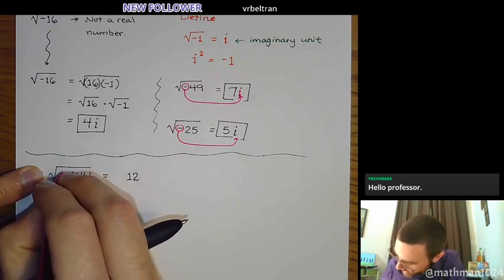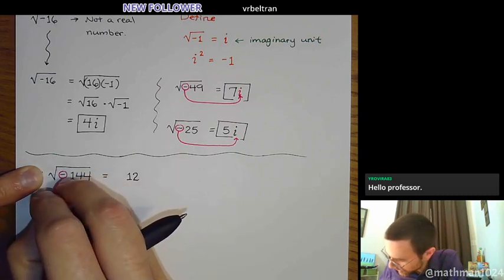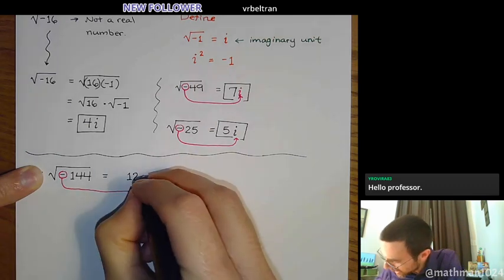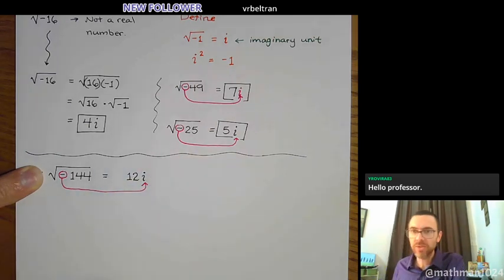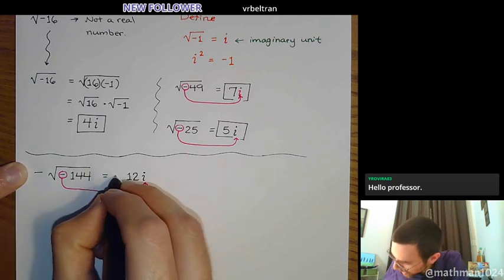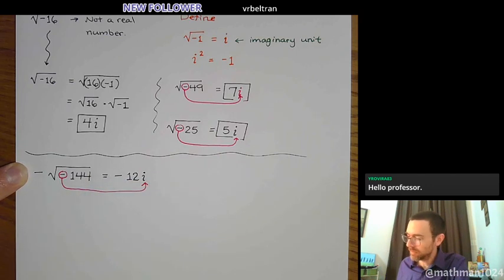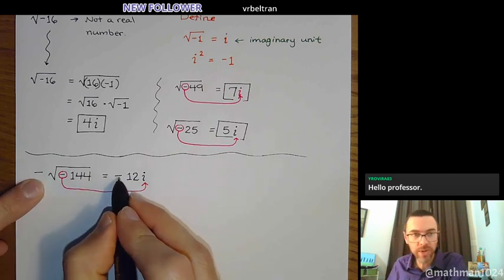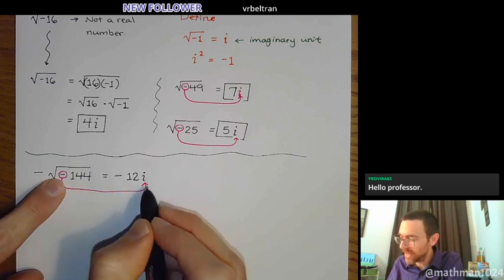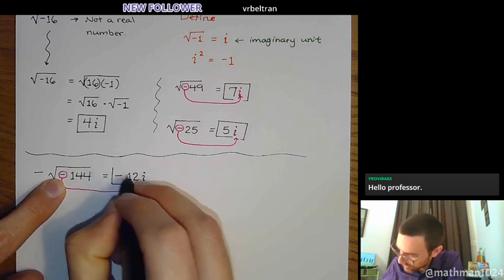And as we keep mentioning, the negative inside the radical becomes I on the outside. And once you're done with that, now you get to apply this negative. So the negative is just going to be tacked on right there. So there's your negative. The square root of 144 is 12, and the square root of the negative gives us I.